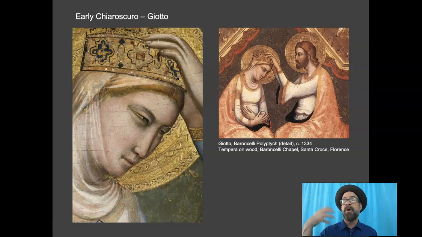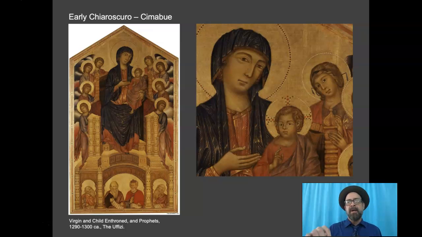Well, this, of course, grows as the years go by. Artists get better and better at seeing those shadows and mimicking those plastic surfaces, highlight and shadow. Cimabue, same thing.